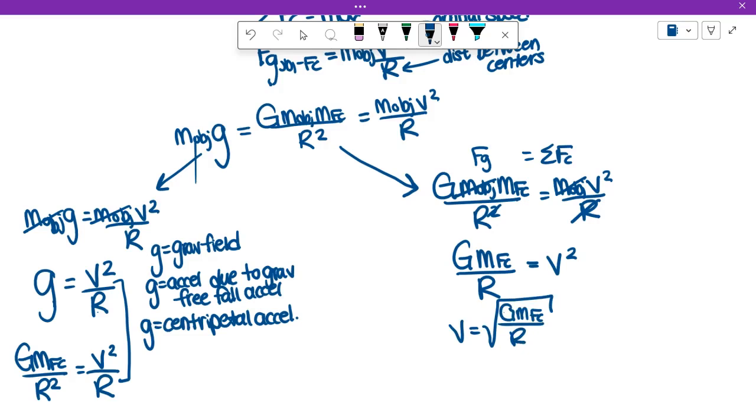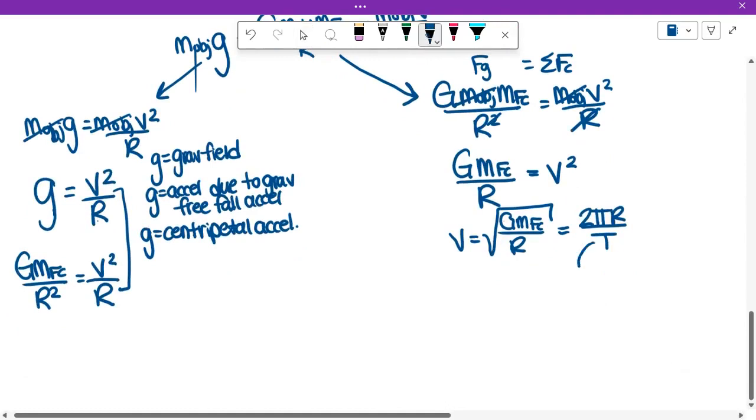Okay? And don't forget, we're still moving in a circle. So our equation for speed in circular motion still holds true. So we could set this radical, the square root, equal to 2 pi r over the period, right?